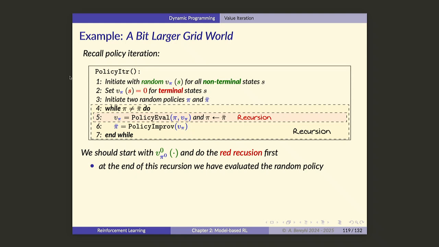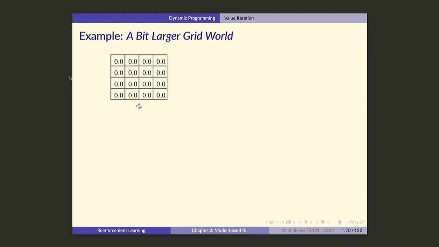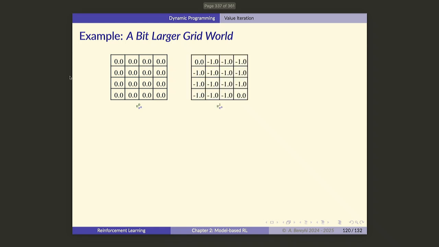Cool. Now you do 1 iteration, 2 iterations, and you keep on iterating. If you do 1 iteration, every single cell is going to get updated by -1. Look at this guy: the value at this cell 1 is 0.